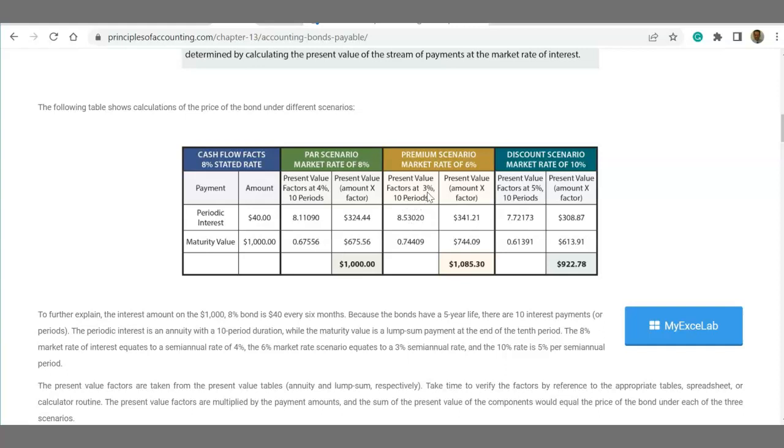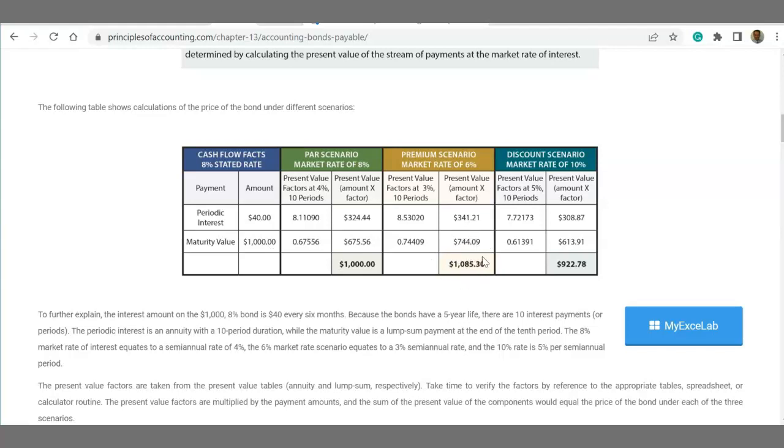And also you're going to look at the 3% $1 one-time table to get 0.74409, which I did show you on this one. So you got the idea how to do it. You multiply that factor by the series of equal payments, and you get the present value. And then this factor multiplied by 1,000, you get that present value. And then you add them up.